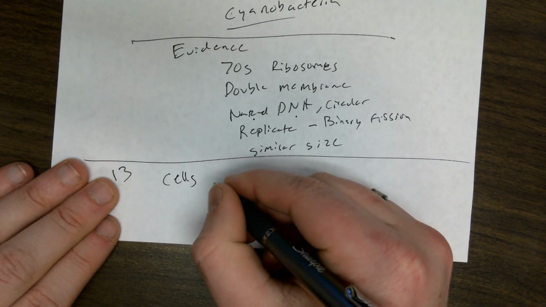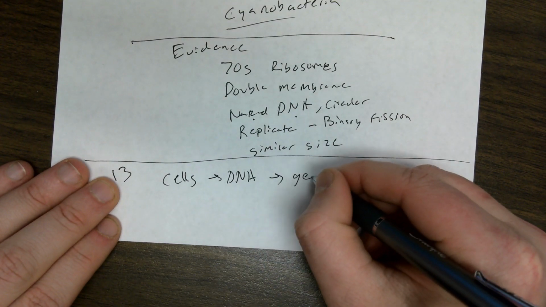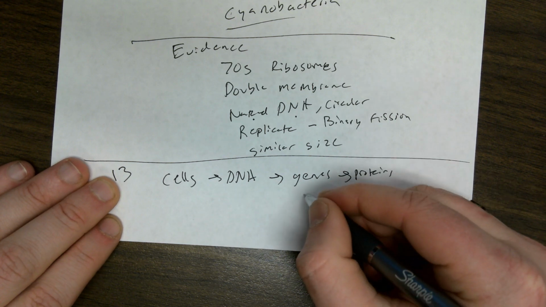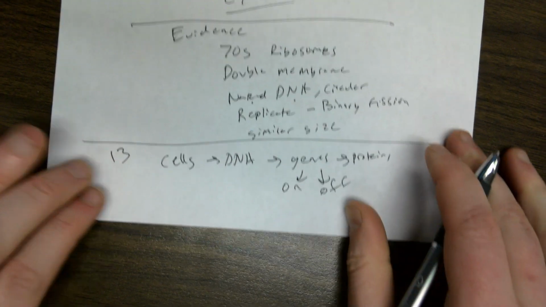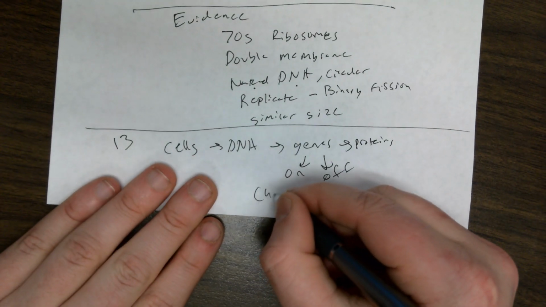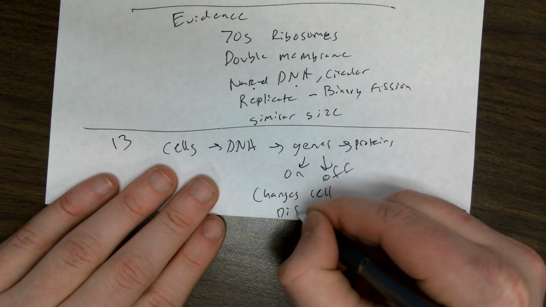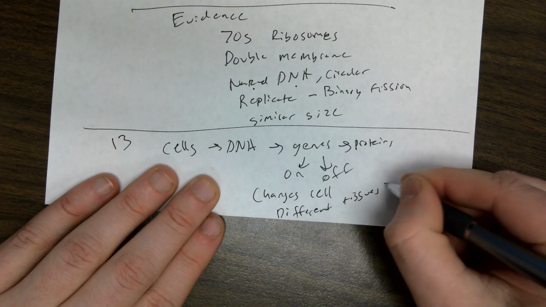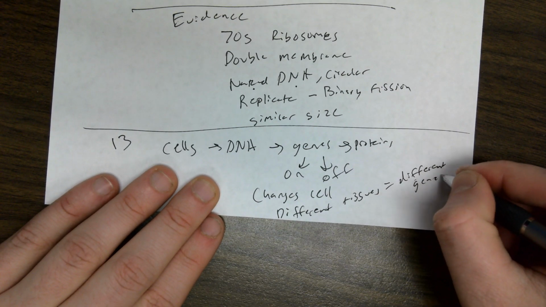Cells have DNA and genes that code for proteins. These genes can be turned on or off, and when you turn them on or off, this changes the cell. So different tissues have different genes on.